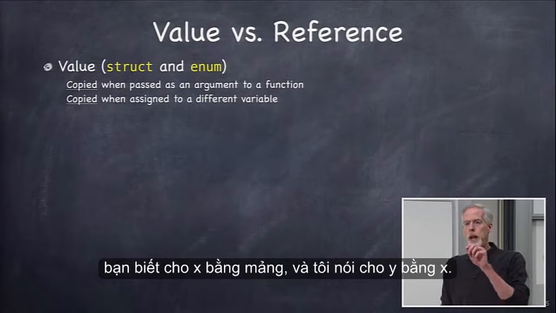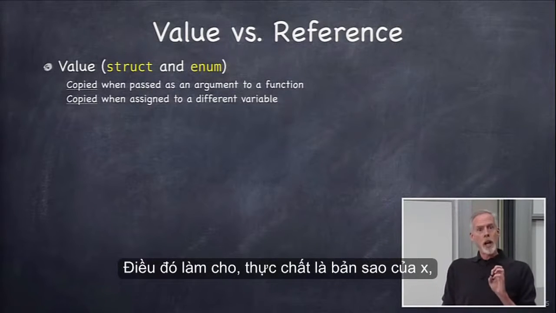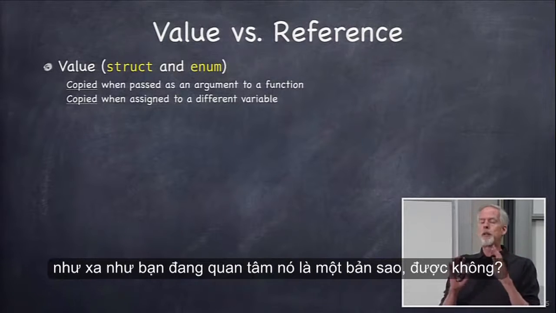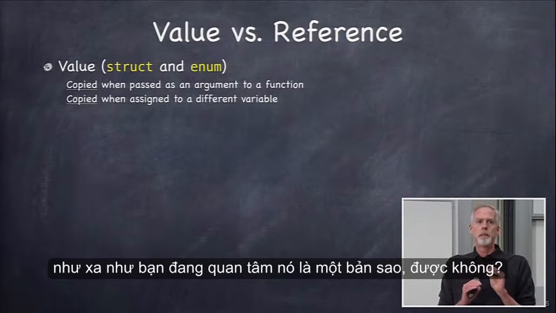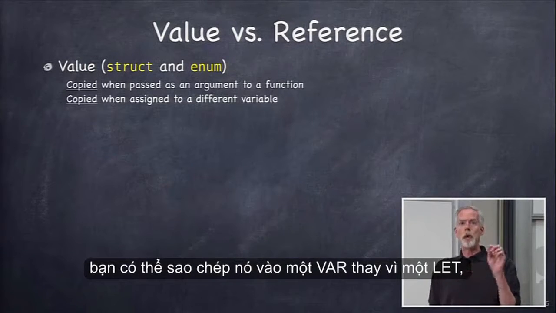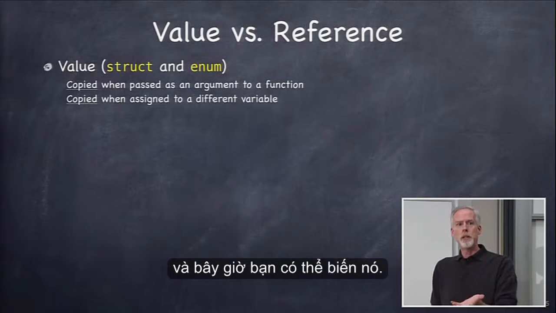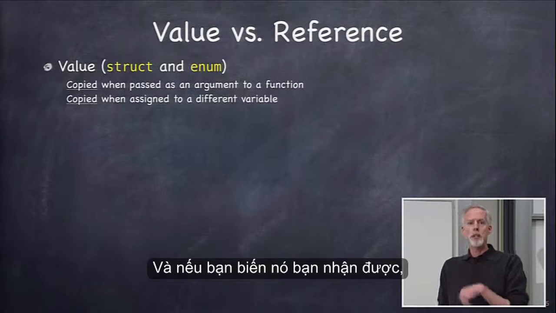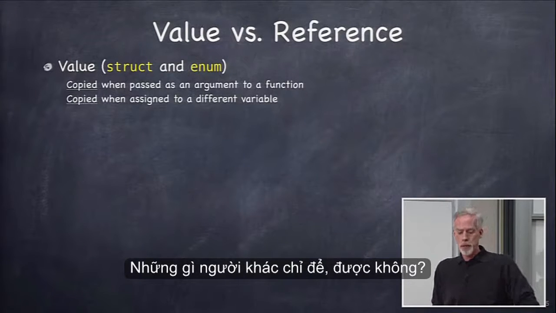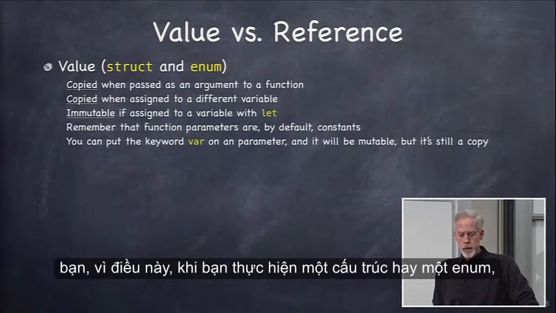If I have let x equals array, and I say let y equal x, that makes essentially a copy of x. Now, that copy might be lazy behind the scenes, but as far as you're concerned, it's a copy, okay? And if you want it to be mutable, you could copy it into a var instead of a let, and now you could mutate it. And if you mutate it, you're mutating your own copy. You're not mutating what the other one pointed to, okay?